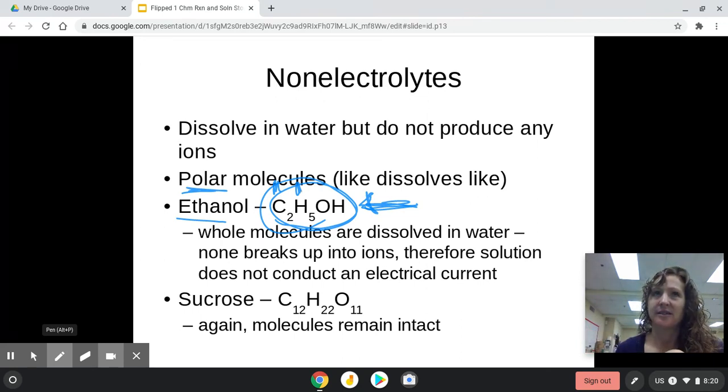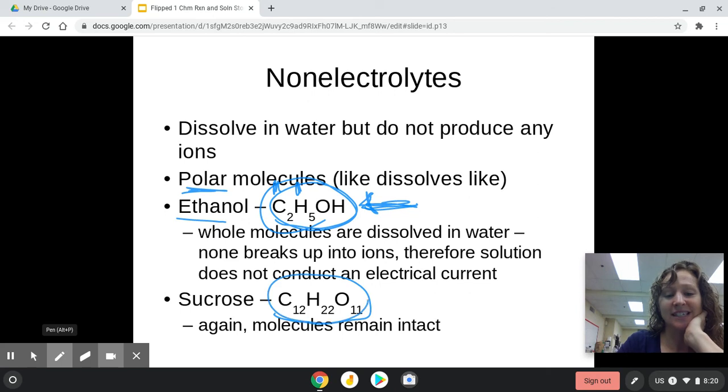And nothing, especially not water, is going to be able to come along and steal off part of it to make an ion. So most organic molecules are very stable. If anything, they're polar, and they're going to dissolve as molecules and not break up into ions, and therefore not be able to carry a current.